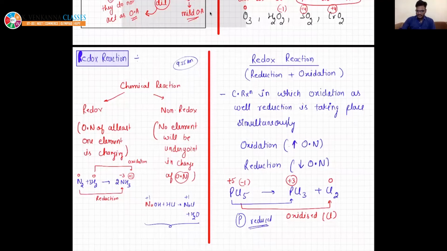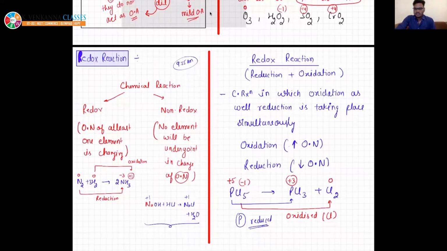Okay guys, I wanted to explain one more topic, that is disproportionation. It is a very important reaction, but as time is not allowing, in the next class we will understand disproportionation. So please go through these things, try to Google what is an oxidizing agent, what are different types of reducing agents, what is a redox reaction.